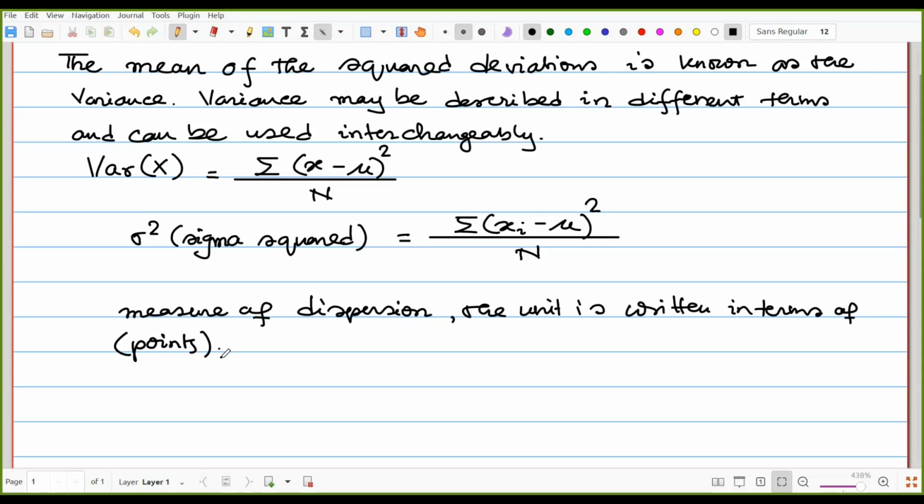Points means, suppose the distribution is related with the income of some families.